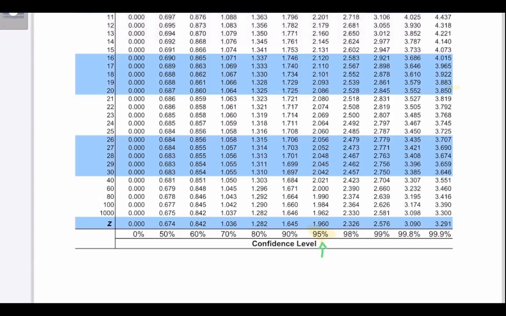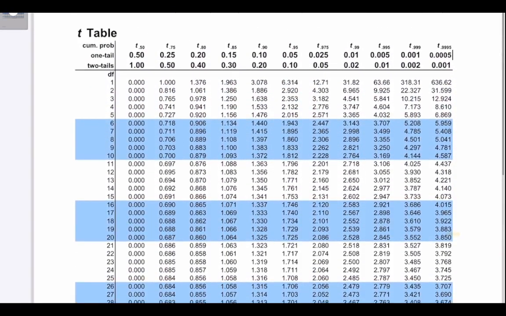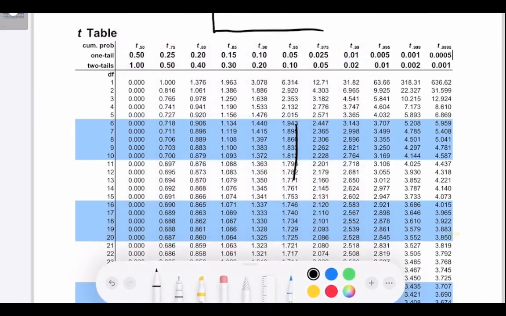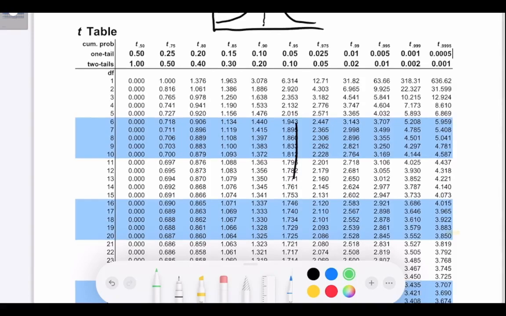But if it doesn't have this for you, and instead it gives you the tail probabilities, well, we recall that if we're looking for our 95% confidence interval, that means that we have 0.025 in each tail, right?